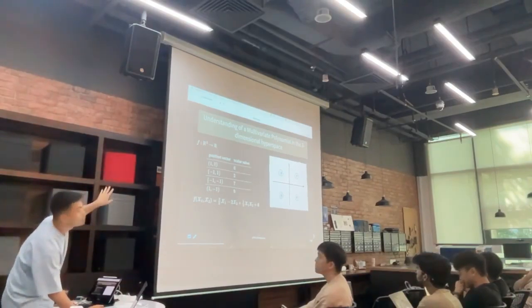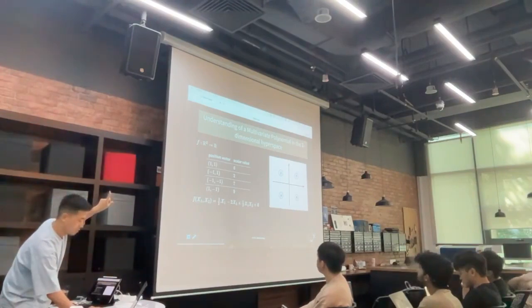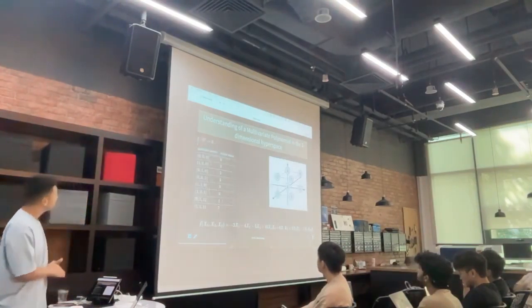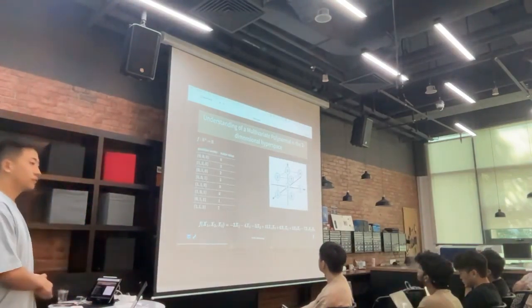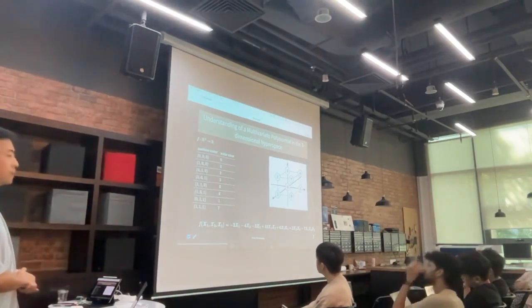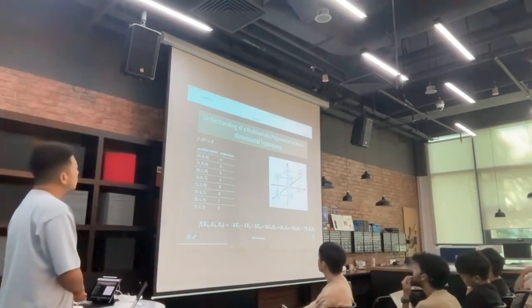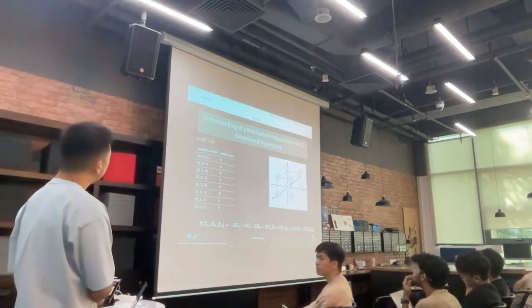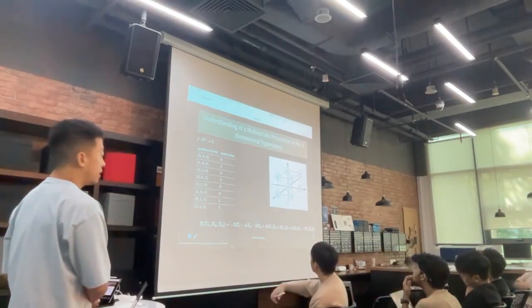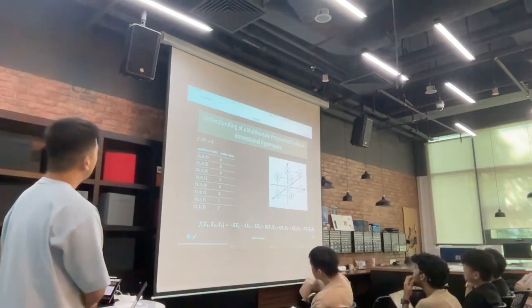And let's try to increase our dimension one more. In this case, we are using 0 and 1 for the position vector. In this case, we're going to have 8 position vectors.